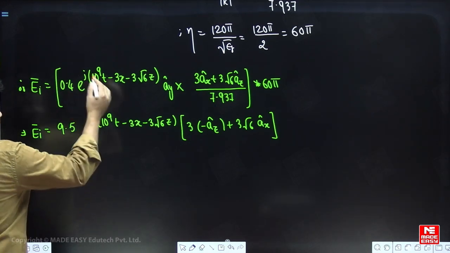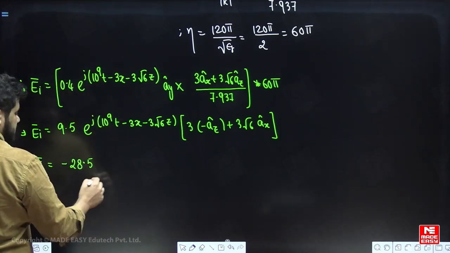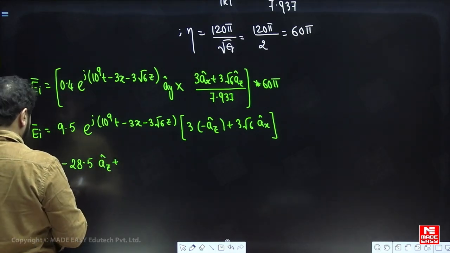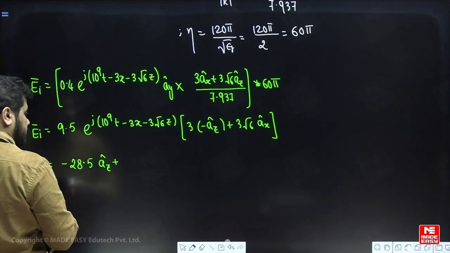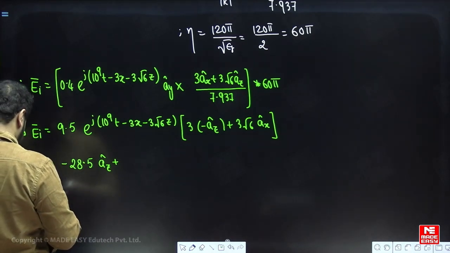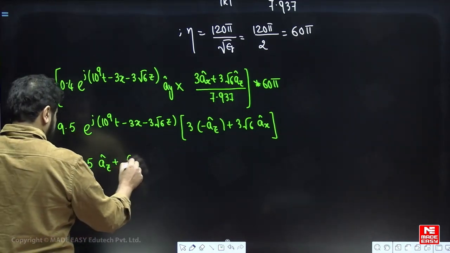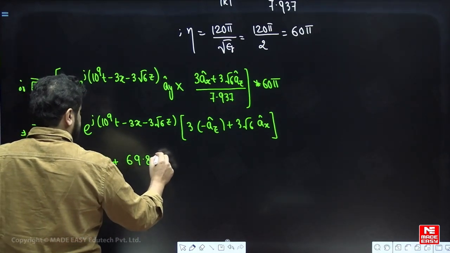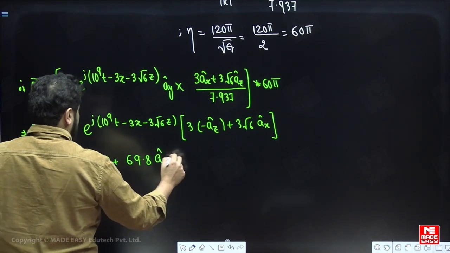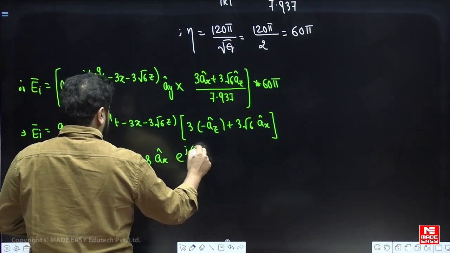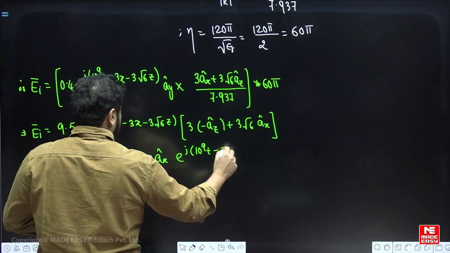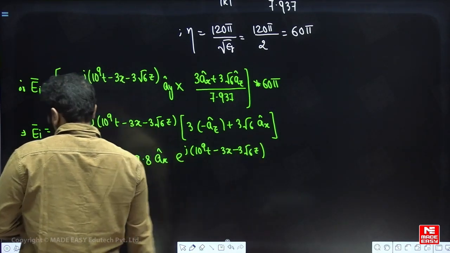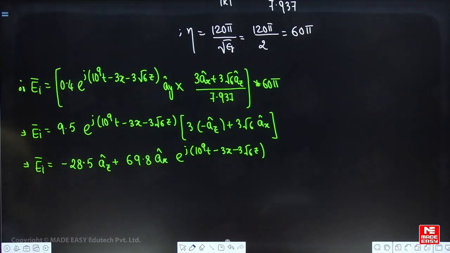Minus 28.5 Az plus 9.5 into 3 root 6, 69.8 ax, e to the power j(10^9 t minus 3x minus 3 root 6 z). So this is the value I am going to get.